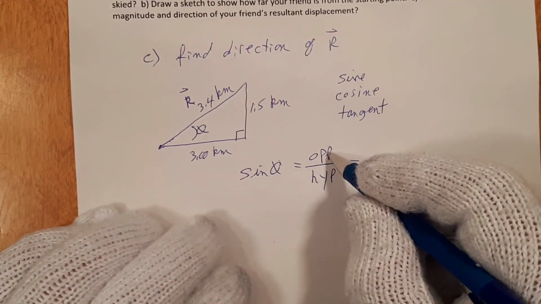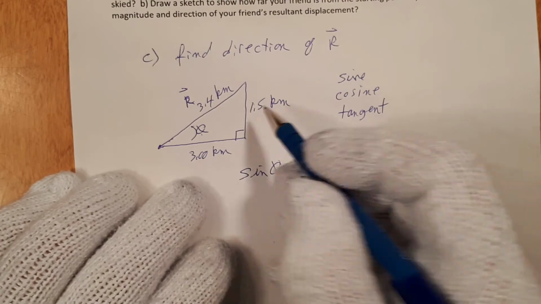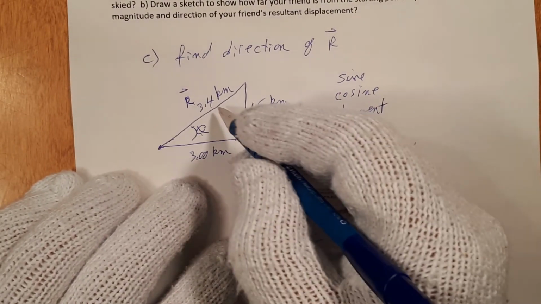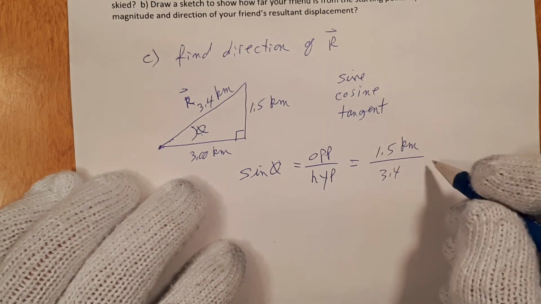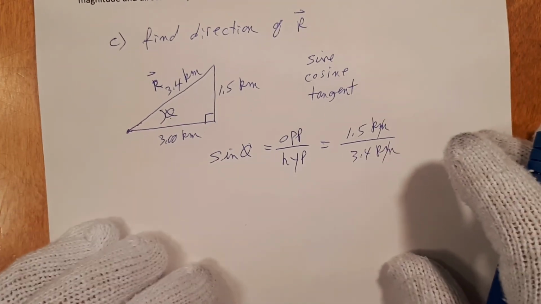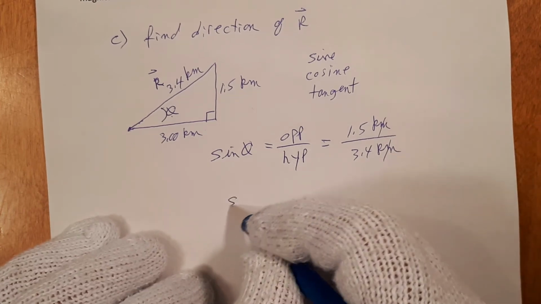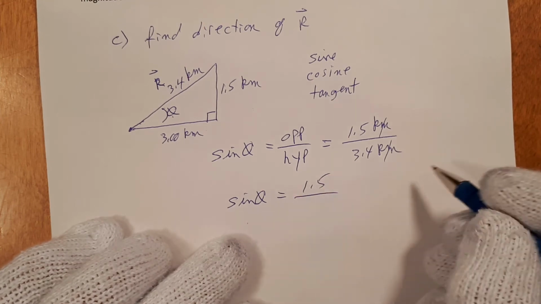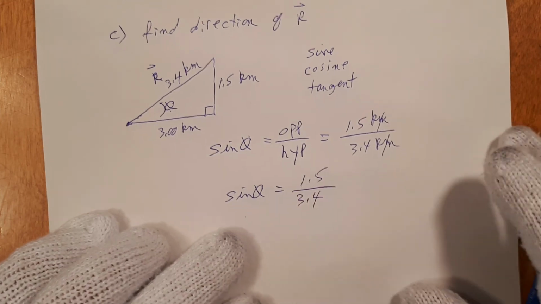Putting in the numbers for opposite, here's the theta that I want. The opposite is 1.5. And the hypotenuse we calculated to be 3.4 kilometers. And kilometers cancel out. That leaves us with sine theta is equal to 1.5 divided by 3.4.